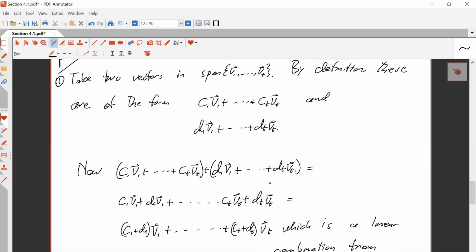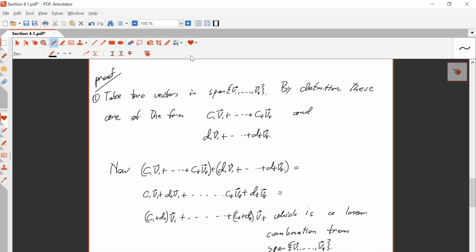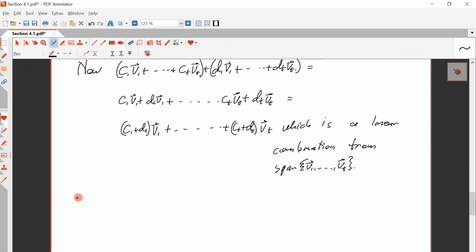So that's number one. I took two things in the subspace, I added them, it's still in the subspace. Clearly 0 is in the subspace.